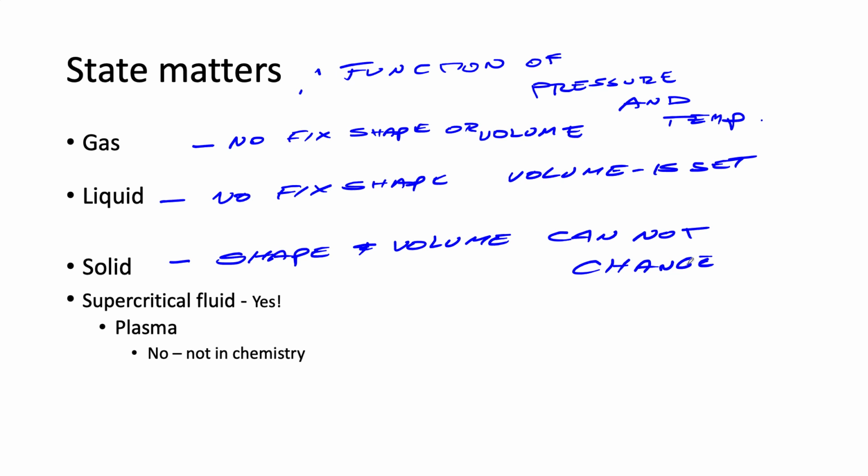There is a 4th one, and this is crucial because the way we're looking at phase is based on pressure and temperature. Plasma is not a phase, a state. Supercritical fluid is. And that is between a liquid and a gas. And it has to have a certain temperature and pressure to become a supercritical fluid. Plasma, by definition, is ionized gas.